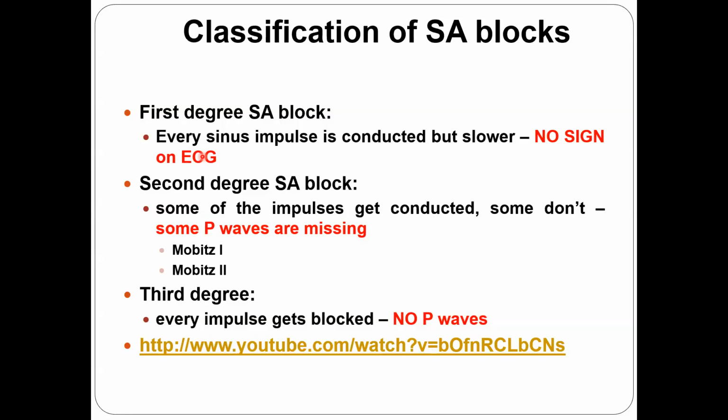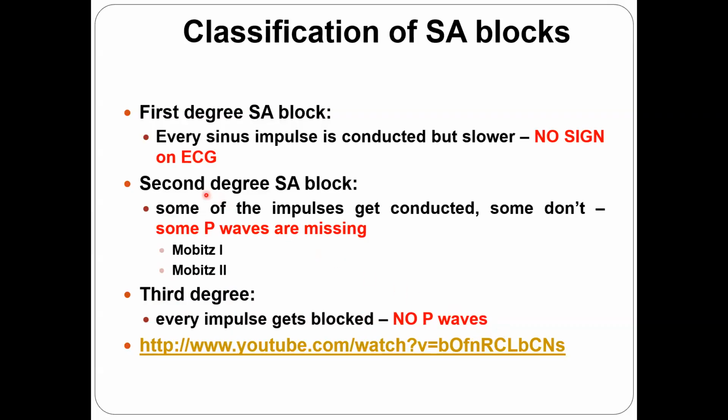However, the charge is not getting out from this SA. Now, again, that's not easy to diagnose, basically, from the arrest or complete stop of the SA, especially when we are talking about the third degree SA block, because there is no P wave and we only have a junctional escape rhythm.